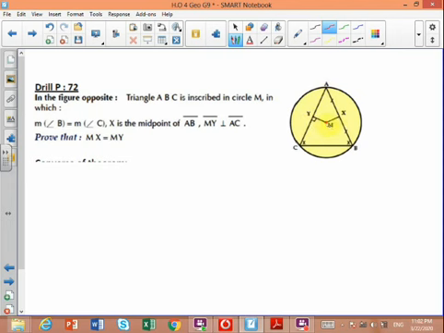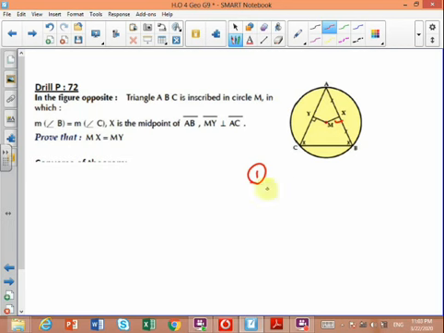I want to prove that MX equals MY. I think this is so easy. This is direct from our theorem and corollary. What do I need to prove that MX equals MY? I want two things. First, the two chords must be equal, and the two distances from the center to the chords must be perpendicular.